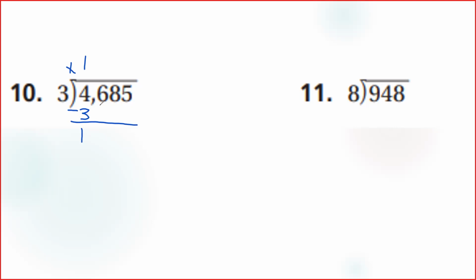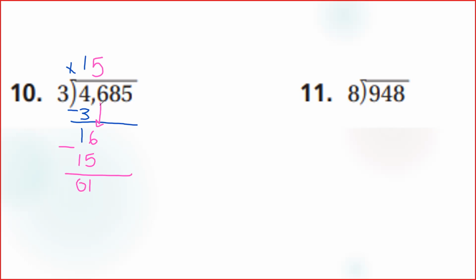Bring down 6. Then 16 over 3. The number that you multiply, bravo, 5. 5 times 3 is 15. And then 16 minus 15 is 1. Thank you.